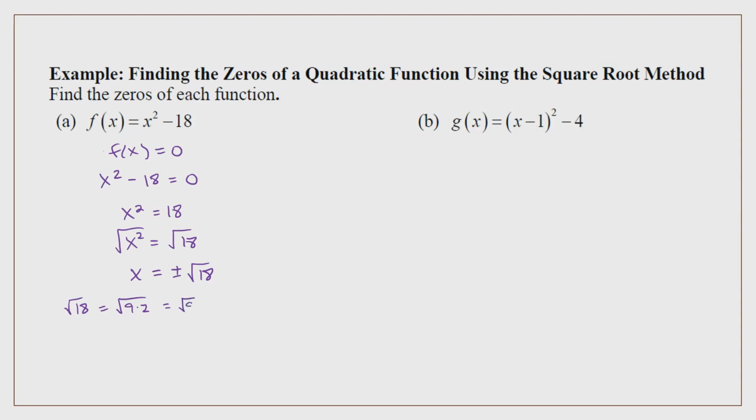Then I can split that square root into 2 square roots. And this will then simplify to 3 square root 2. That's how I simplify my square root of 18. And so x will equal plus or minus 3 square root 2.